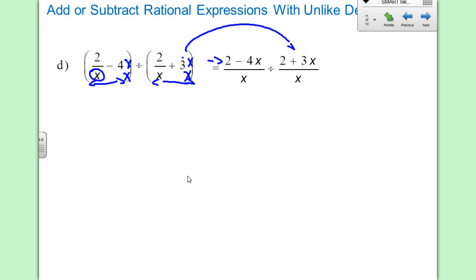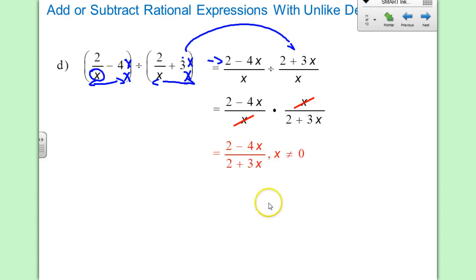So it's really easy with whole numbers to create a common denominator, right? Now you've got improper fractions, I guess you could say, and you can multiply by the reciprocal, which really turns out kind of handy. The x's blow up, and you're left with 2 minus 4x over 2 plus 3x, and x cannot be equal to 0.